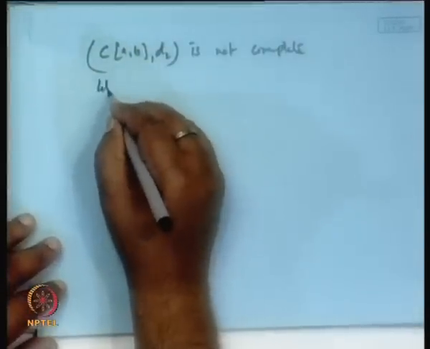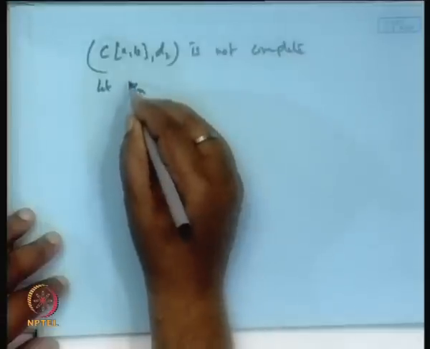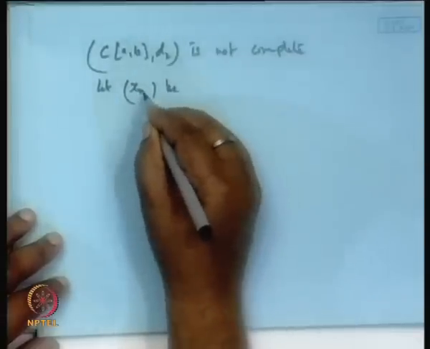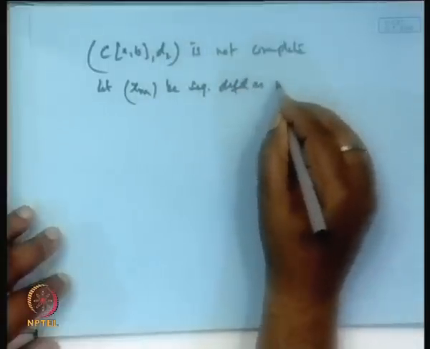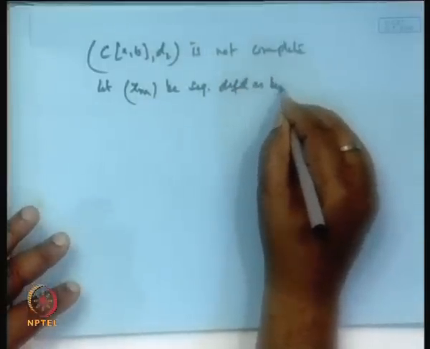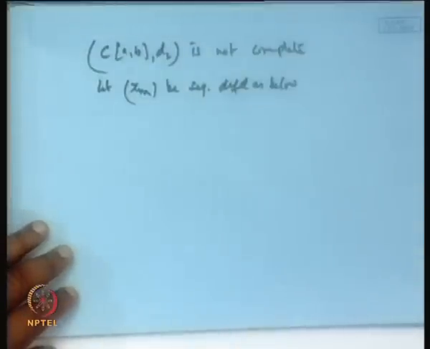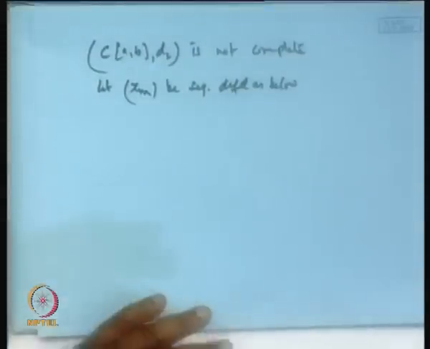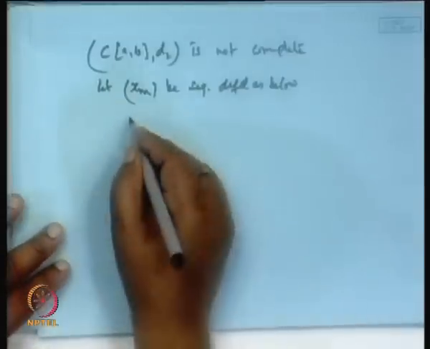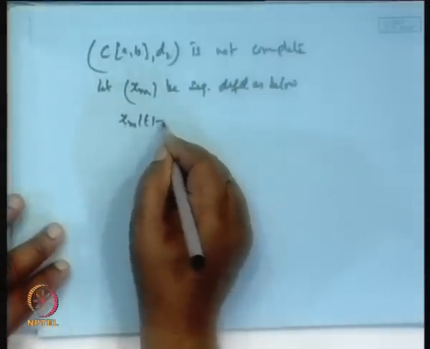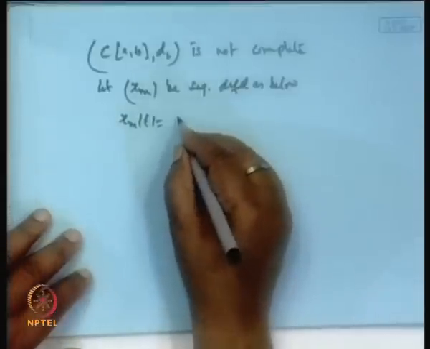Let x_m be a sequence defined as below. We define x_m(t) equal to 0.